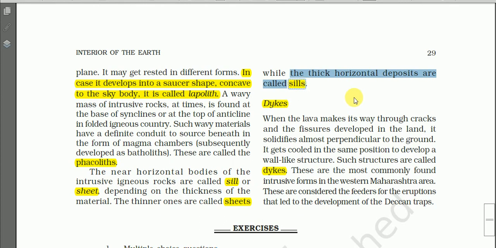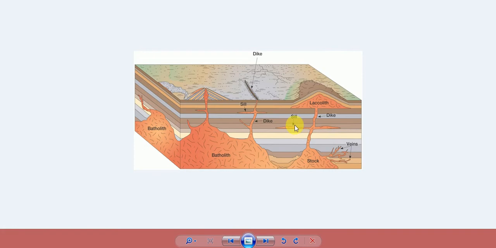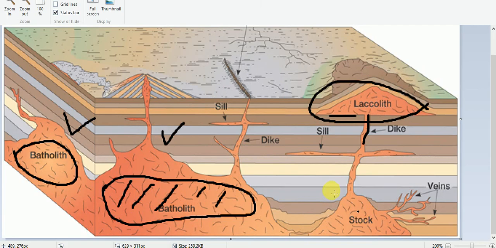That means sills are horizontal igneous intrusions. From this magma chamber, magma is intruded horizontally. See here, sill. This is also another sill. From here, magma rises upward and is intruded horizontally, and so this is known as a sill, and this is also a sill.